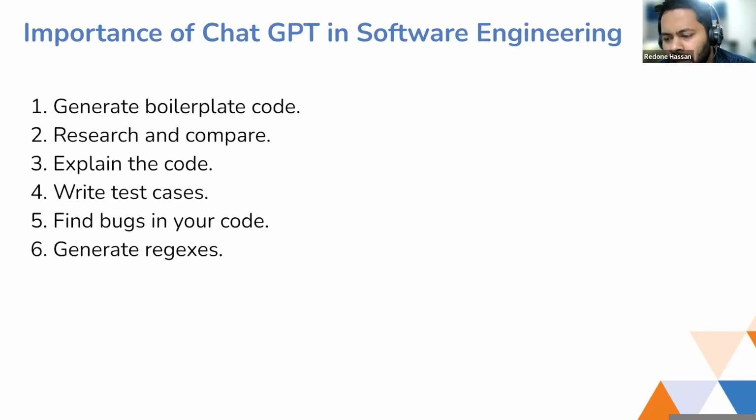Write test cases. Test case is an important part of software engineering. When we complete a particular task, we have to give this task to a peer review. In peer review, my team member checks that there is no bug here, so that we can merge our code with the original branch.